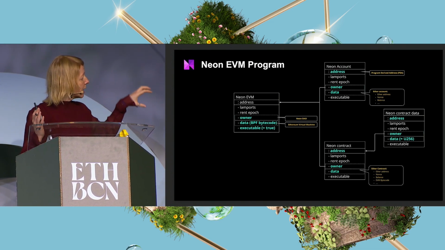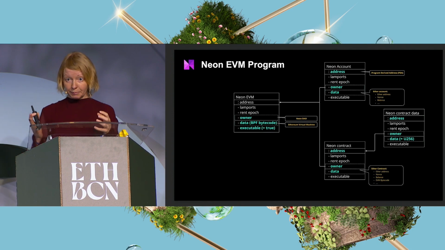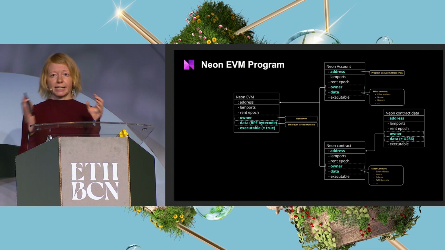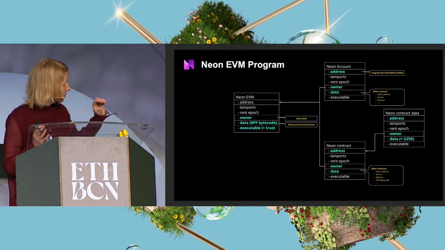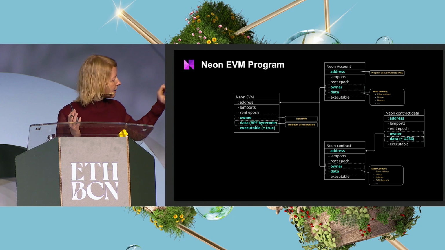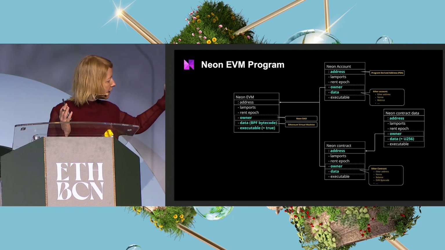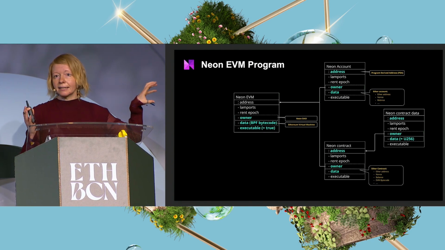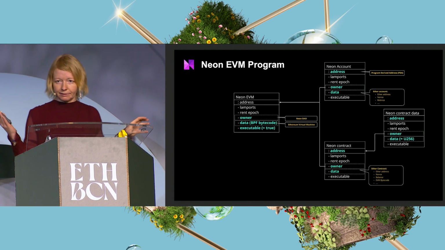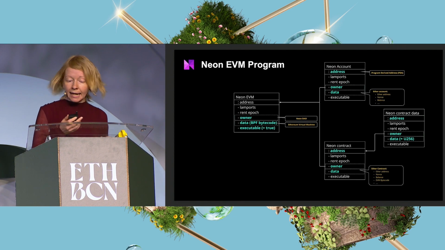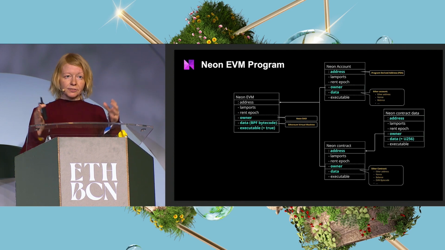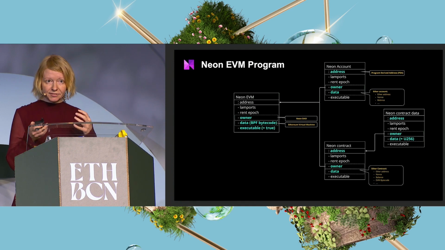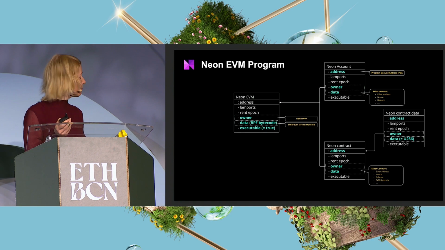We have Ethereum smart contracts, so within the data field we have all the information relevant to any Ethereum smart contract. And we definitely have another set of accounts, Neon contract data accounts, which are connected to these Neon contracts, basically Ethereum-like smart contracts. This is the structure that we had to build in order to enable the operation of the EVM within the Solana ecosystem.